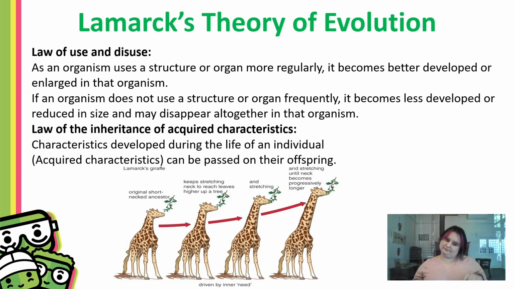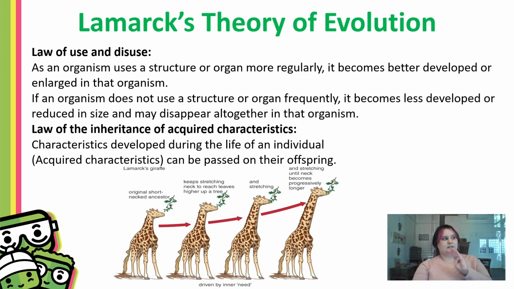No, it's not. That is because you've just changed your physical appearance. You haven't changed your genetics. You haven't changed your DNA inside. And the genetics are what is passed on to the offspring. So you cannot pass an acquired characteristic on to your baby. All right, so that was the initial theory of evolution.